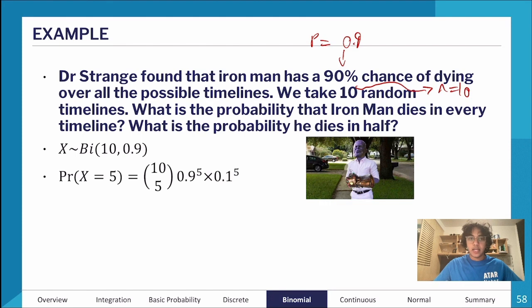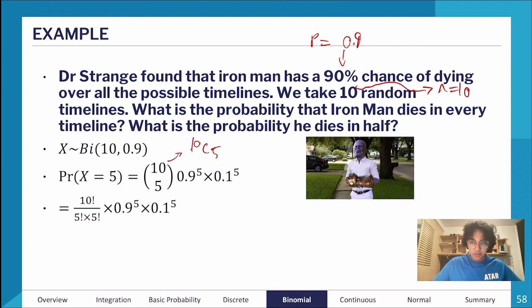So let's say we want to work out the probability he dies in 10 random timelines. Again, order doesn't matter here. It doesn't matter in which order of timelines checked he dies. What matters is that out of the 10 times, it happens 5 times, he dies in half. That's what we're working out first. So X is equal to 5 out of 10, that's half. This is just 10 choose 5, the same thing as the factorial combinations.